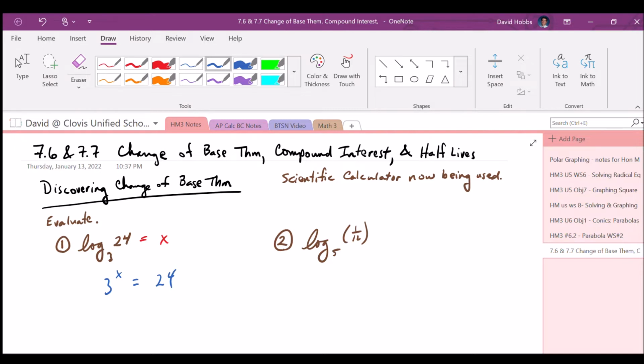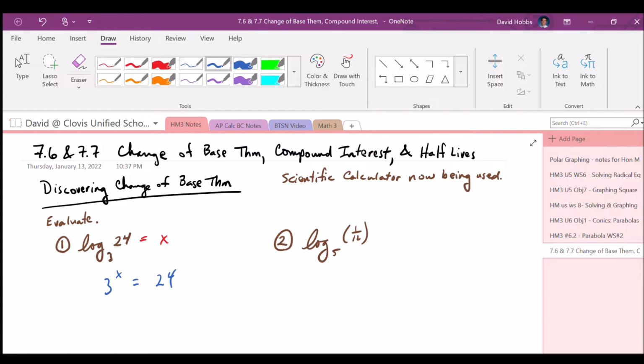Some scientific calculators these days can actually plug in exactly what that looks like, log 24 base 3, but not every scientific calculator is like that, and so we need to understand how to enter log 24 base 3 into a scientific calculator, particularly if it doesn't have that button, because for our test, you might find yourself without that type of calculator. Okay, so here's how we do it.